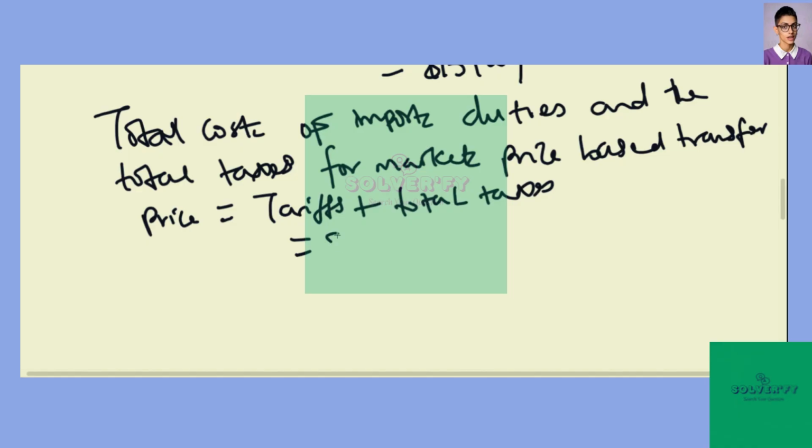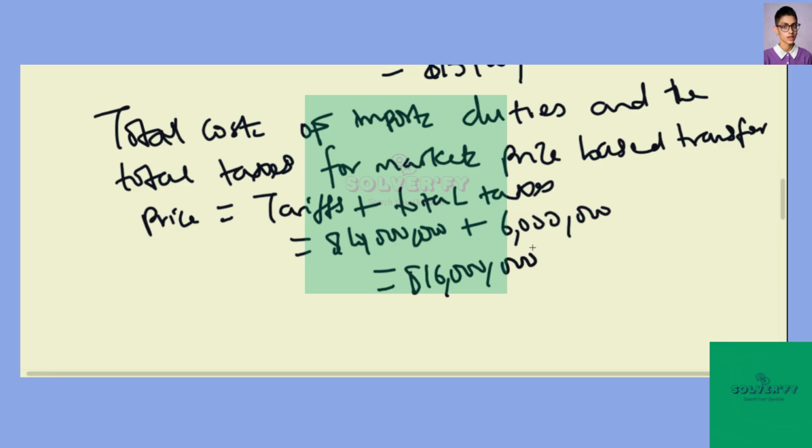The tariffs are 10 million plus the total taxes of 6 million. So the total cost will be 16 million. Therefore, as the transfer price increases from $175 to $250, the total cost of import duties and total taxes increases, and therefore it is lowest for the cost-based transfer price of $175.